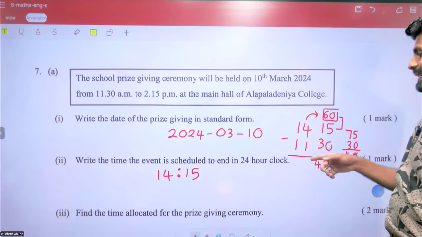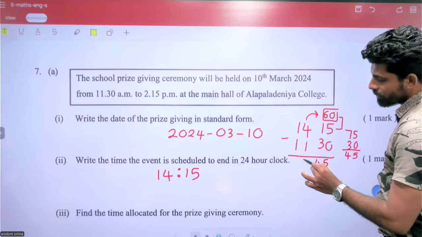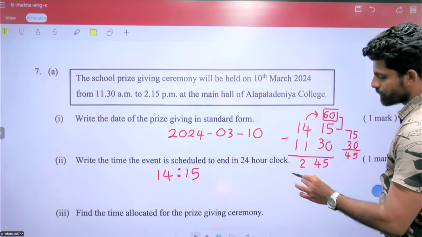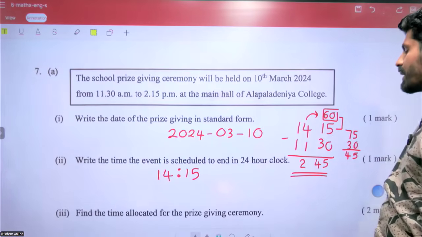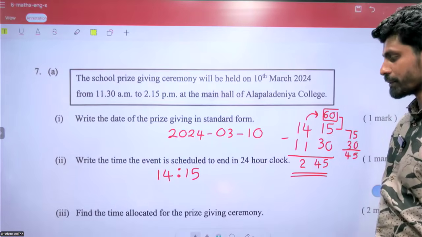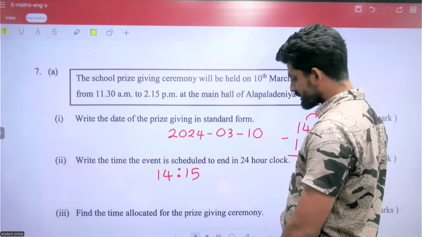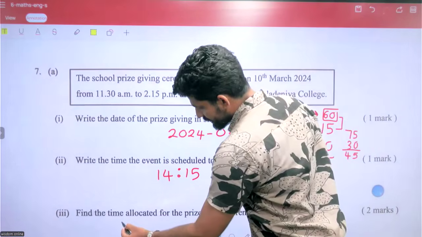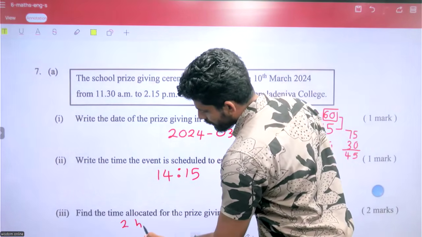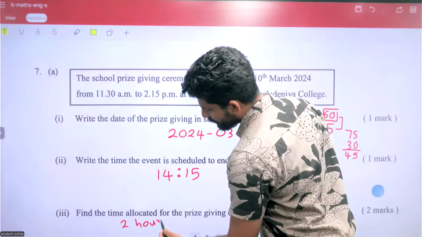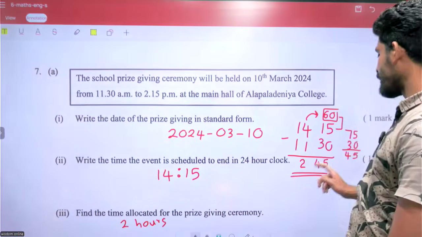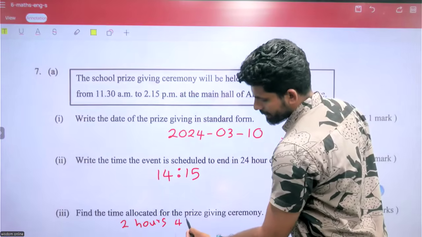14 minus 11 equals 2, that means 2 hours. What is the time allocated for the prize giving ceremony? 2 hours and 45 minutes.